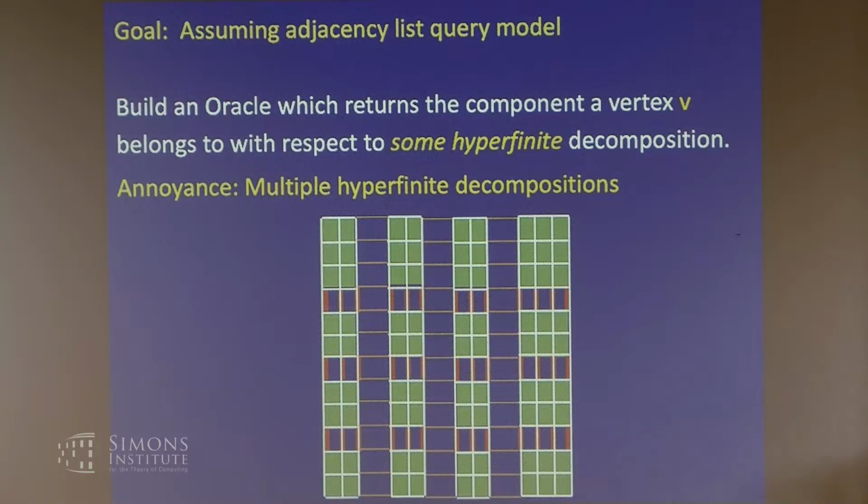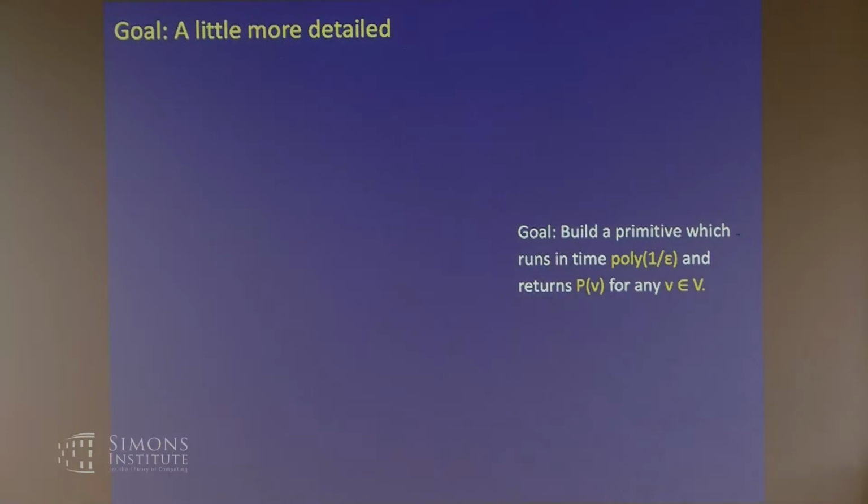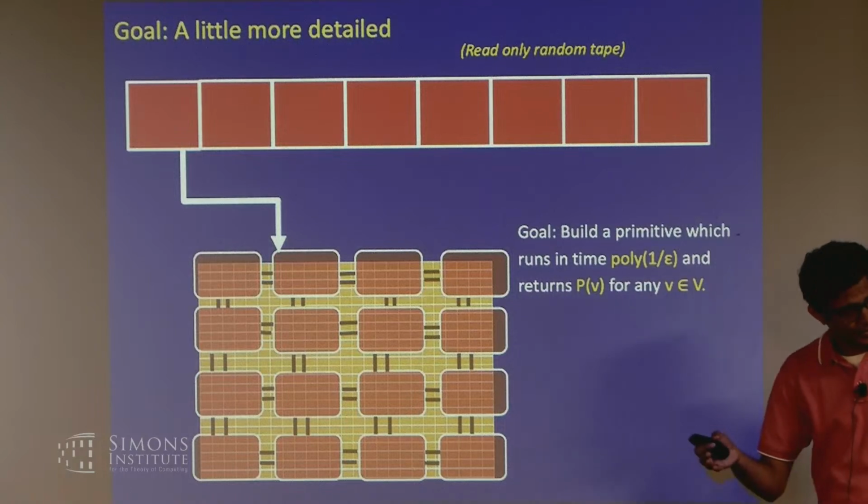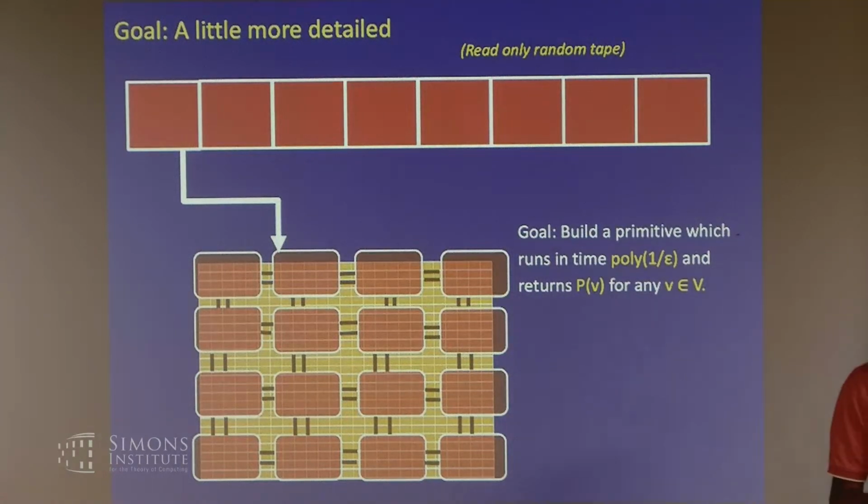The way it's typically addressed is by allowing you some kind of very mild preprocessing. The kind of preprocessing you are allowed is that you are given access to a read-only random tape. Sorry for this bad drawing, but now you're going to be stuck with those drawings. This read-only random tape is initialized with some random bits, and you should think of trying to come up with a randomized algorithm that gives me access to some hyperfinite decomposition.